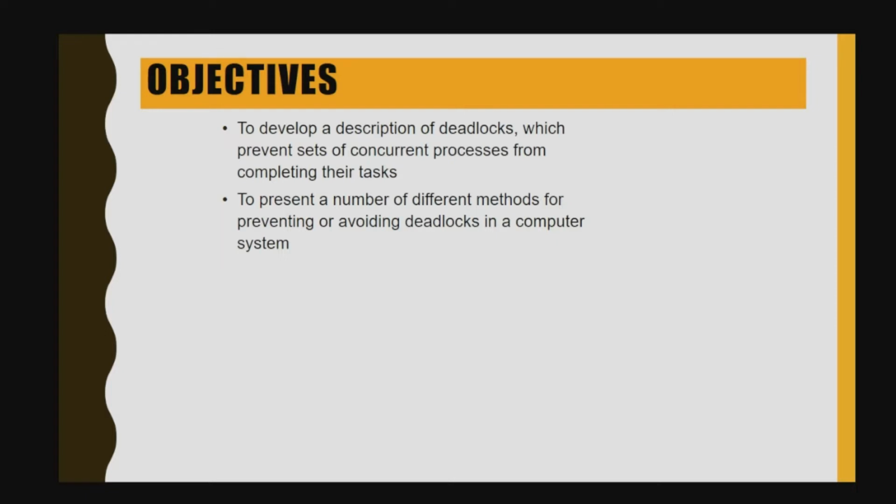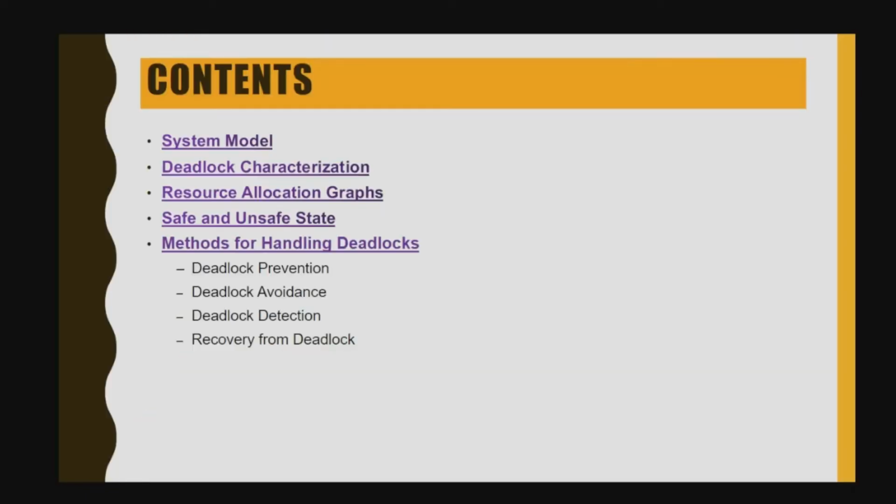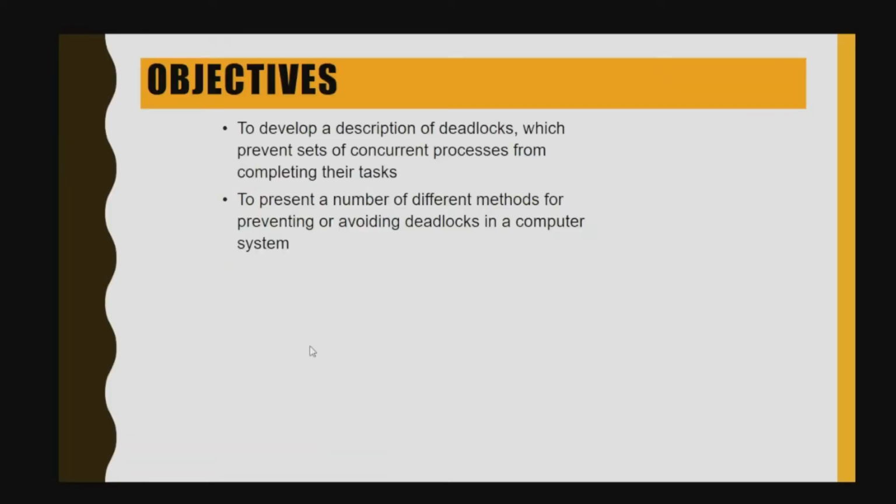Okay, and then to present a number of different methods for preventing or avoiding deadlocks in a computer system. So the different methods refer to the previous slide. Okay, these are the methods of handling the deadlock.